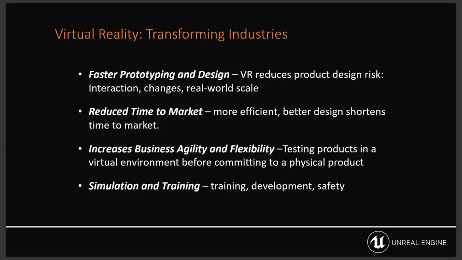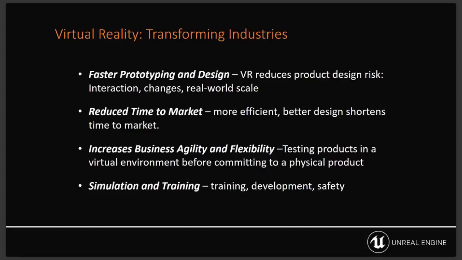So this idea of experiencing something in a real-world scale, a real-world environment, before it's even realized in a physical sense. Before we get into that physical prototyping, we can experience the design in a virtual sense. And Unreal Engine really brings that ability to allow you to prototype your CAD designs very quickly before you even get down that road of building a physical prototype.